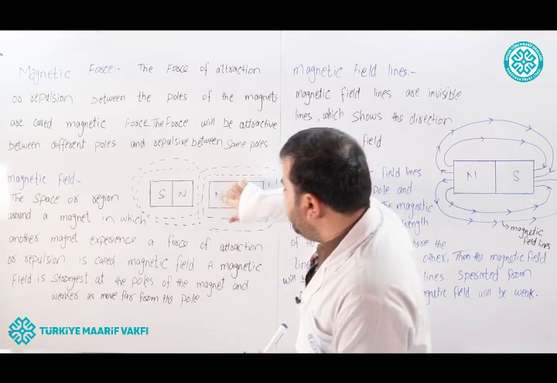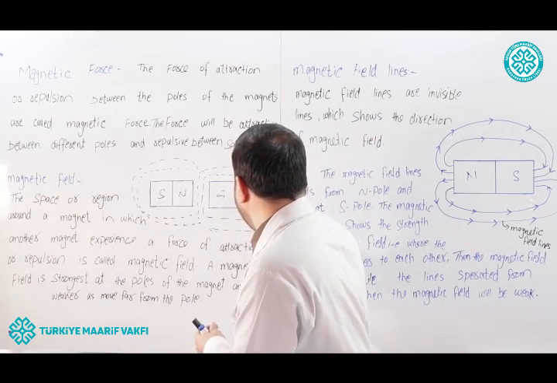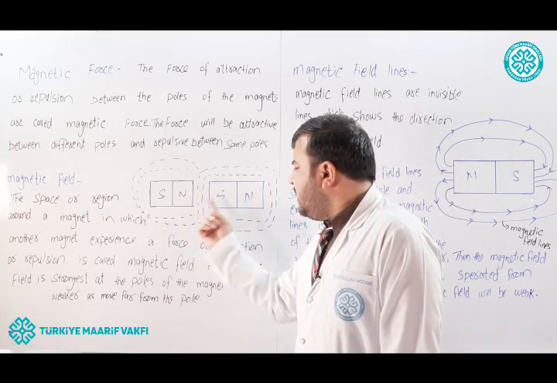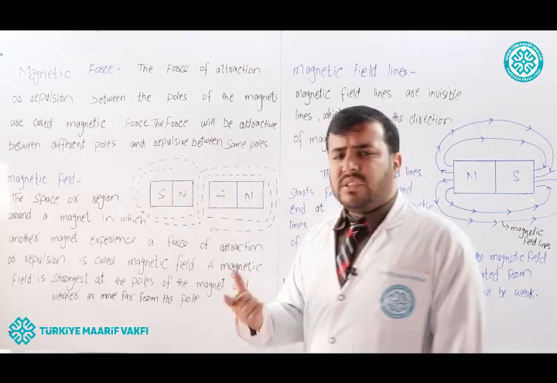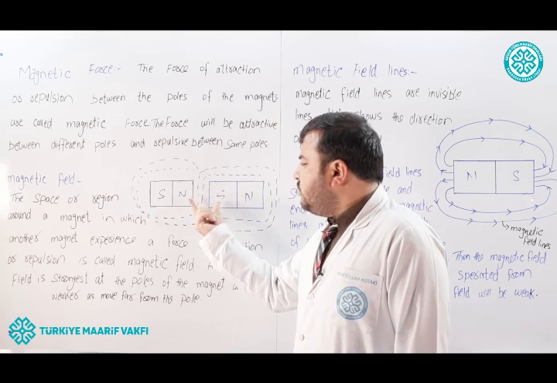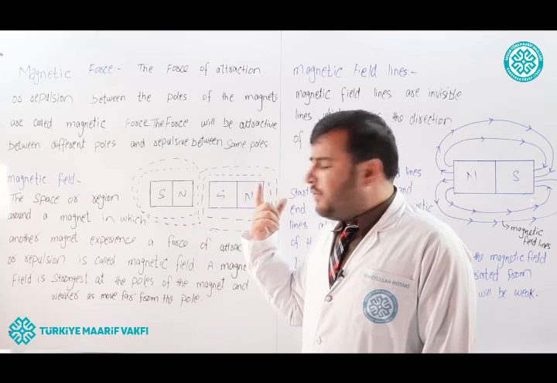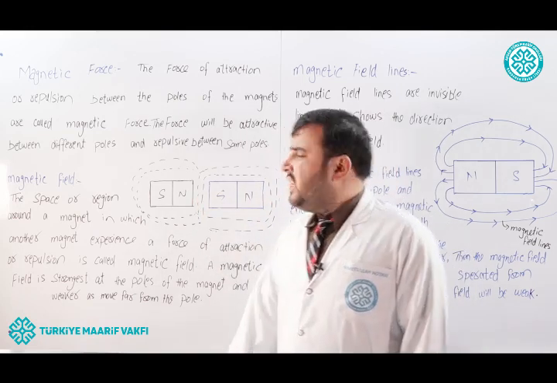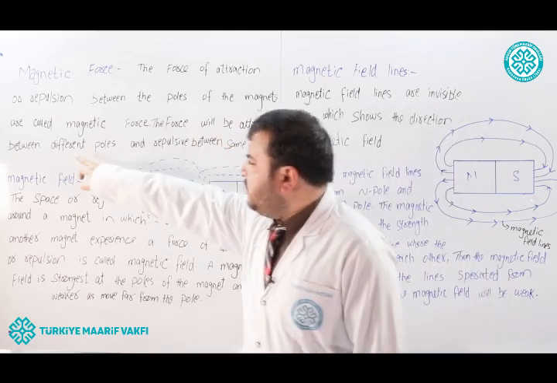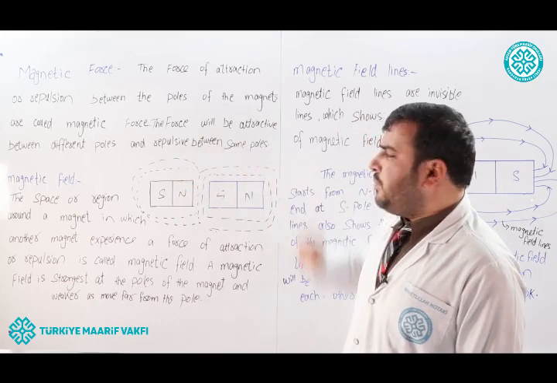If here it is south pole and it is north pole, now you can see that here opposite poles are facing each other, so these two magnets will be attracted by each other, or the force will be attractive force. The same thing is written here. The force will be attractive between different poles and repulsive between same poles.